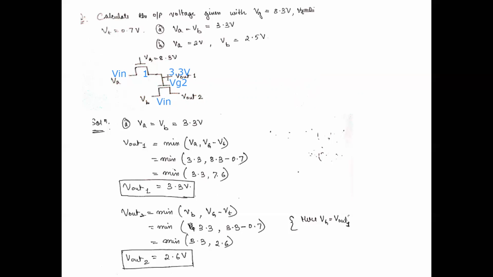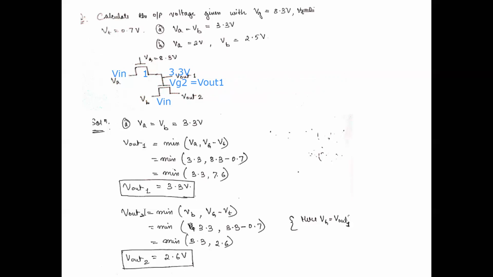Vg here is nothing but V out 1. So Vg2 is V out 1, so that is 3.3 minus 0.7. It is 3.3 and 2.6, and the minimum is 2.6. So this is for the first case.